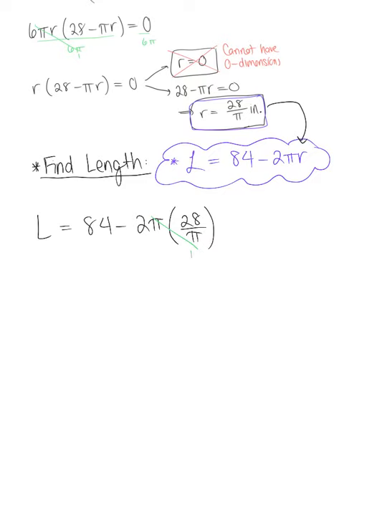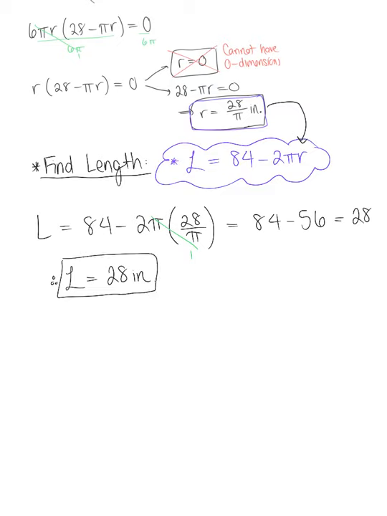Our pi's cancel each other out, and we have 84 minus 56 for a beautiful final answer of 28. So we can say, therefore, the maximizing length is 28 inches. So we have the dimensions that yield a maximum volume, and we'll use them now to find the max volume.